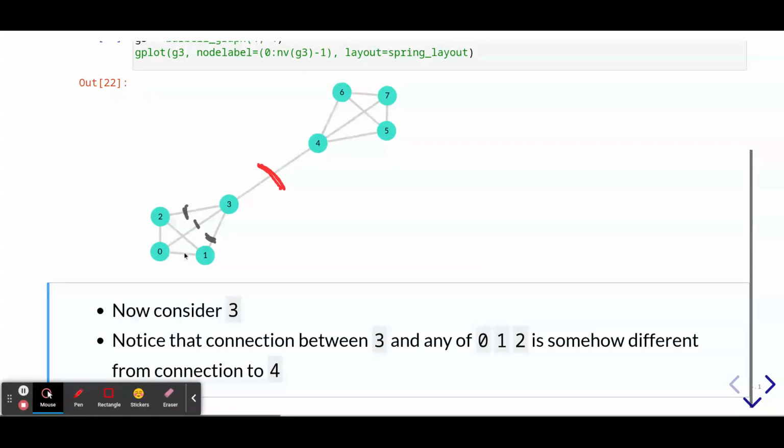There is an existing edge between 0 and 1, 0 and 2, and 1 and 2. That's not true for node 4. There's no edge between 1 and 4, 2 and 4, or 0 and 4. Keep that in mind as we continue to analyze this graph.